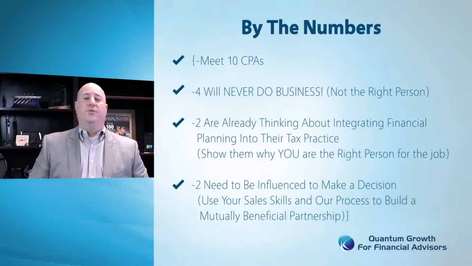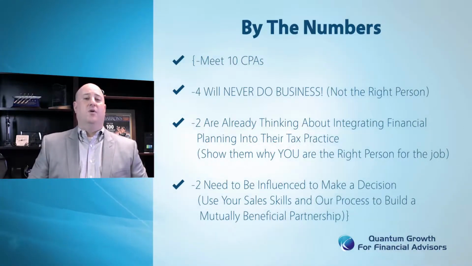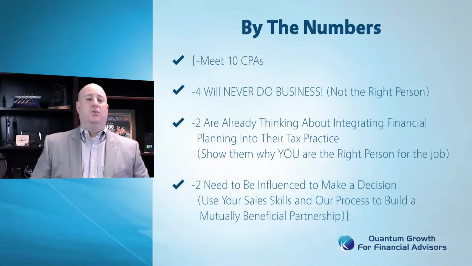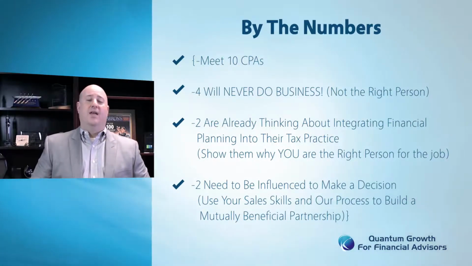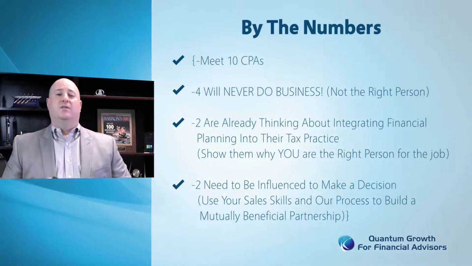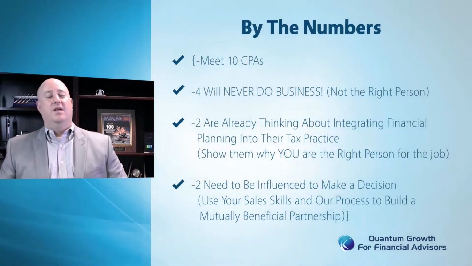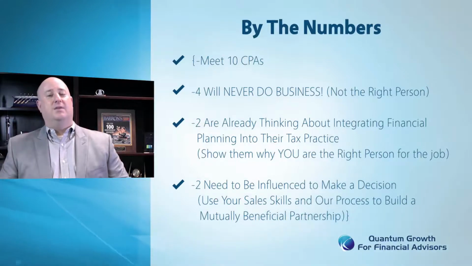No matter what you do, they're not going to refer to you. They're never going to get it and want to build a wealth management arm or financial planning arm within their practice. And a lot of times those are the folks that we continue to refer to. Okay? So when I talk about the existing CPAs that you work with, you might just have the wrong CPA.